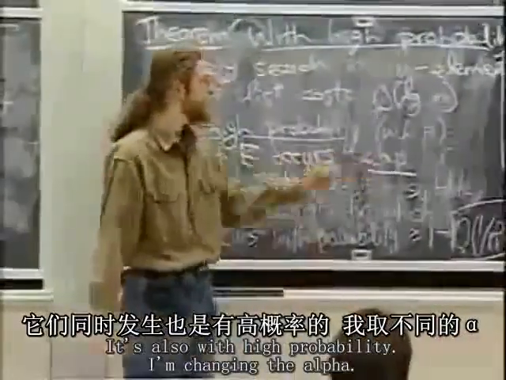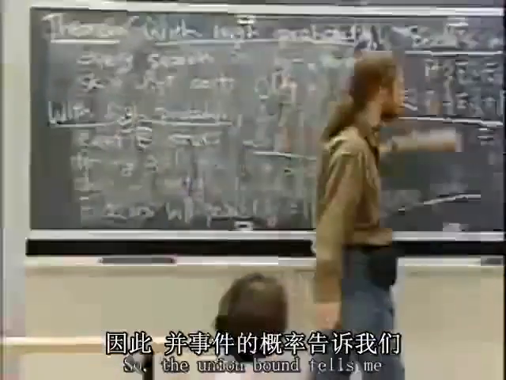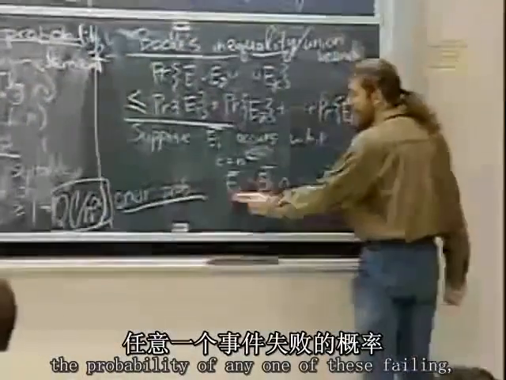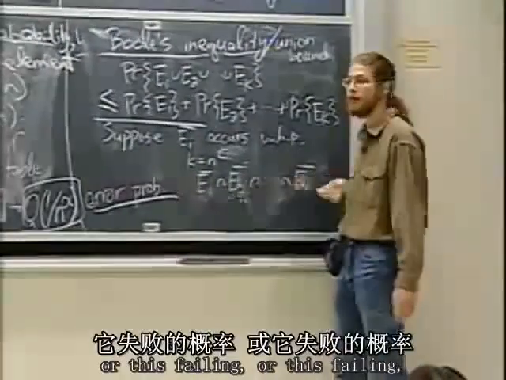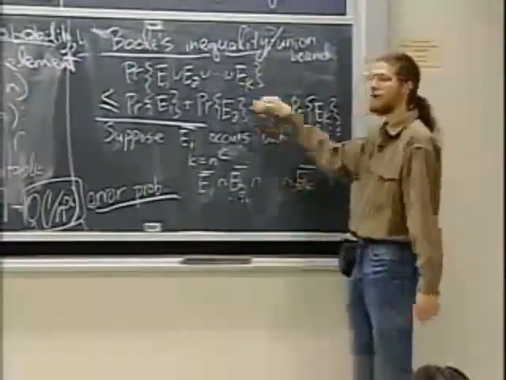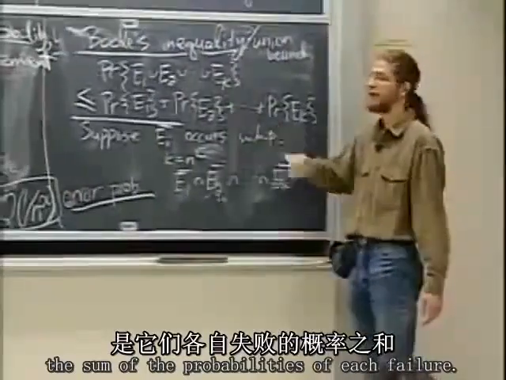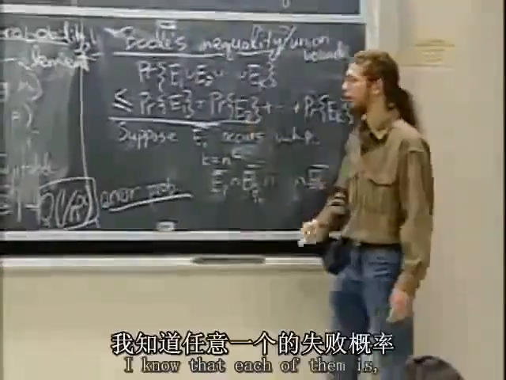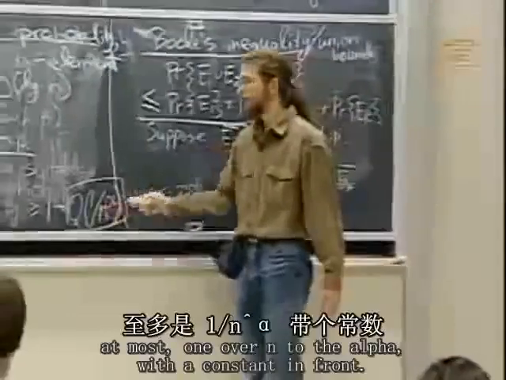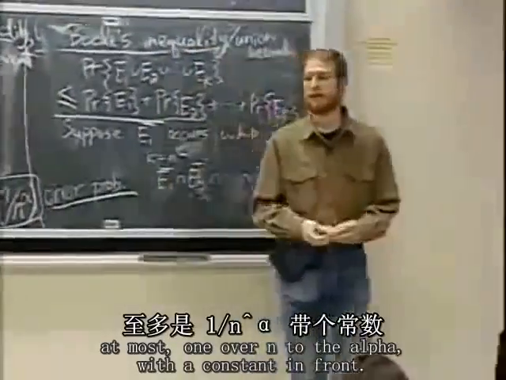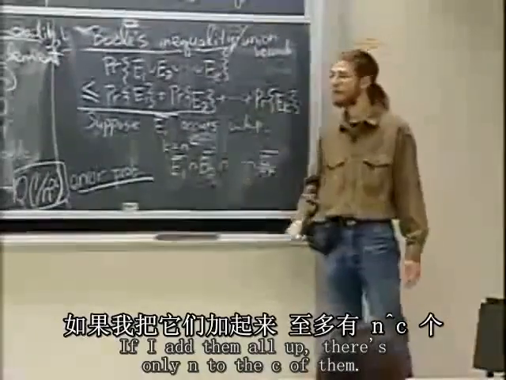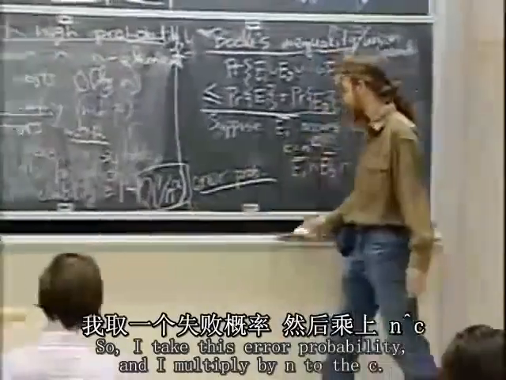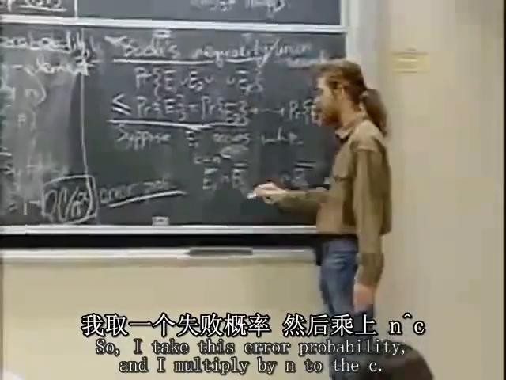I'm changing the alpha. So the union bound tells me the probability of any one of these failing, this failing or this failing or this failing, is at most the sum of the probabilities of each failure. These are the error probabilities. I know that each of them is at most 1 over n to the alpha with a constant in front. If I add them all up, there's only n to the c of them. So I multiply by n to the c.